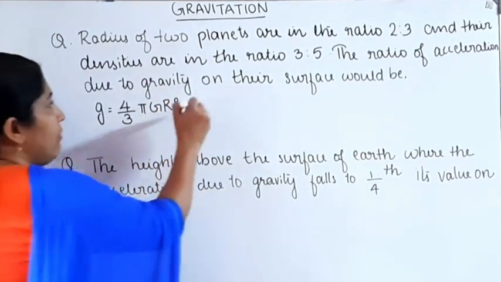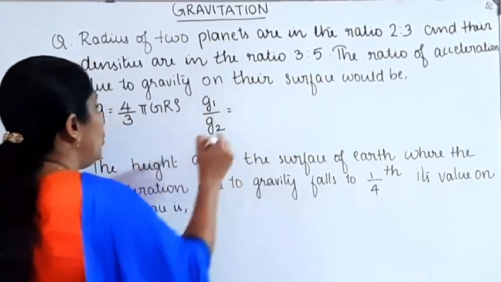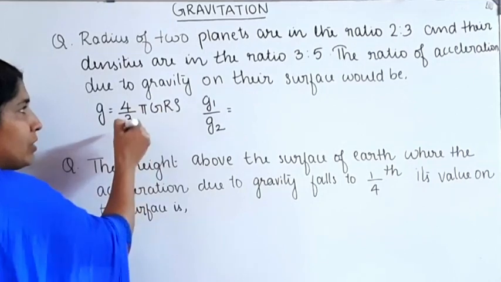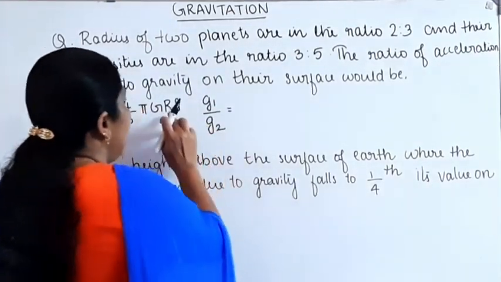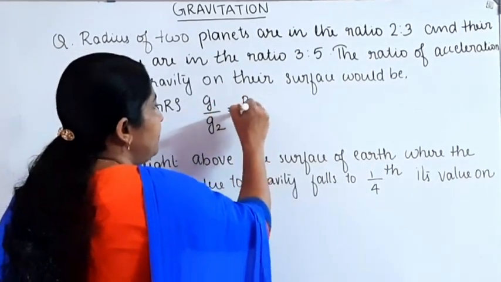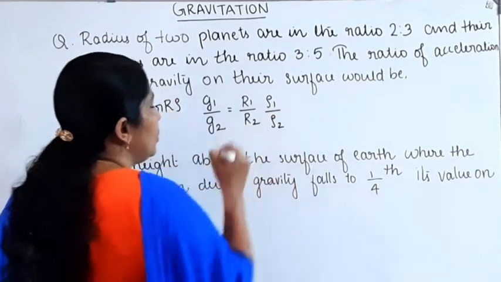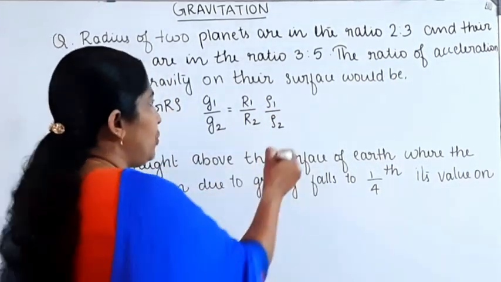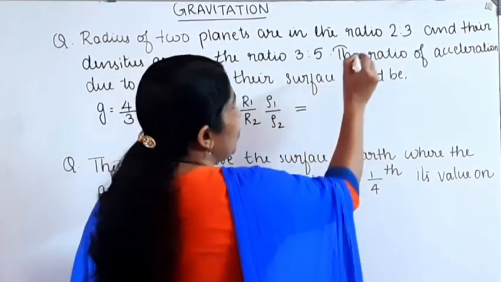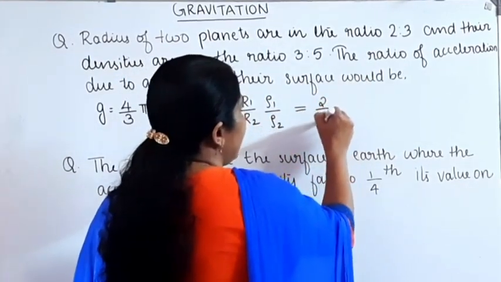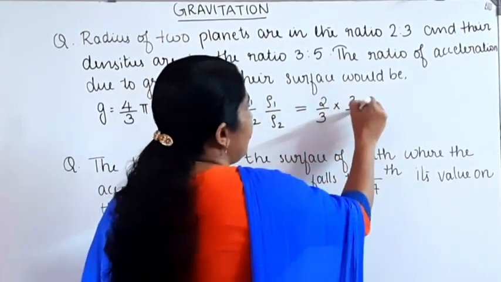Then what about g1 by g2? g1 divided by g2 is equal to 4 by 3 pi G, a constant that gets cancelled when we take the ratio, then R1 by R2 into rho 1 divided by rho 2. R1 by R2 is equal to 2 by 3, into rho 1 by rho 2 which is 3 by 5.